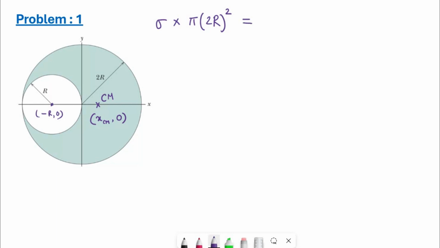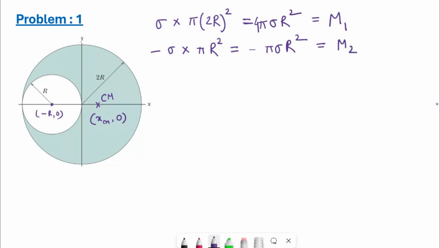So the whole thing had mass sigma pi 4r squared. And the piece whose mass has been cut out, let us call the area density of this disk negative sigma, and if you multiply the area with the density, you get minus pi sigma r squared. The big one will be called m1 and the smaller one will be called m2.